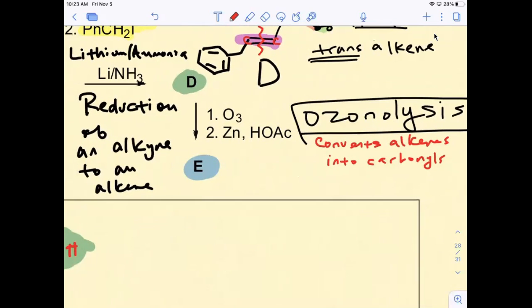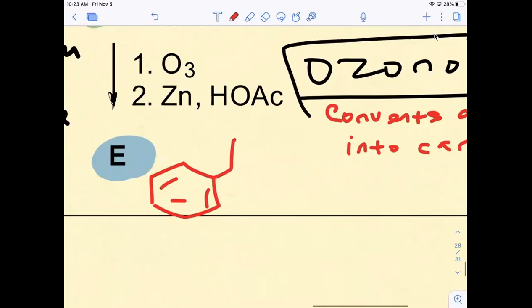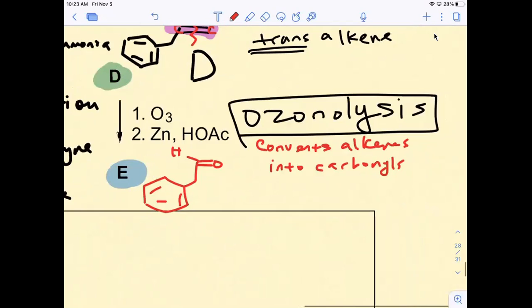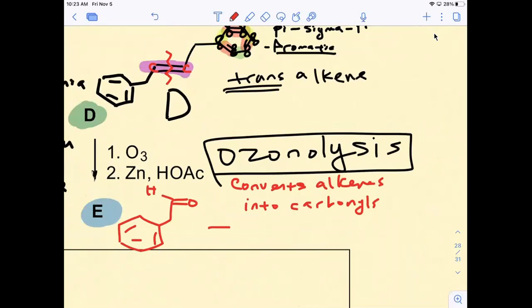So each one of those alkenes is going to become a carbonyl. So this will be an aldehyde on that side. And then the other one will be the same way. It's going to be an aldehyde.